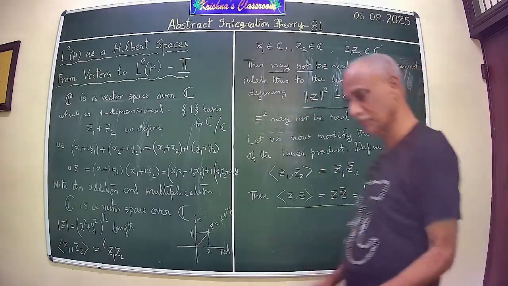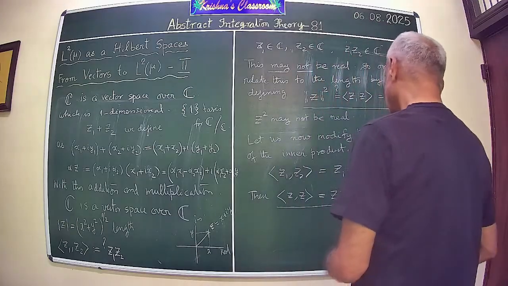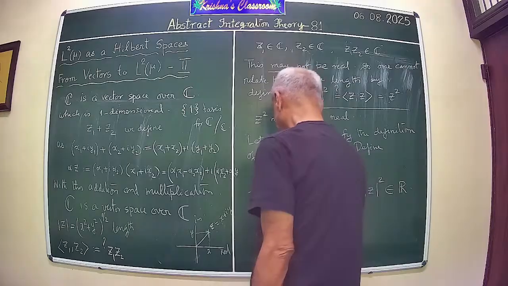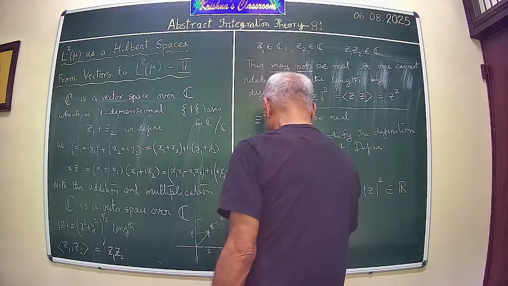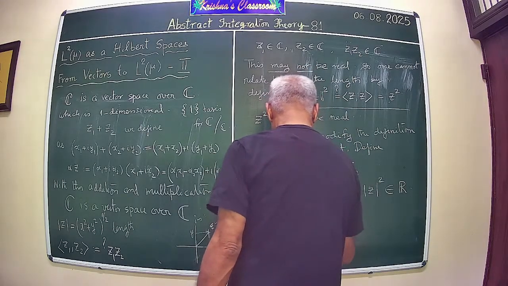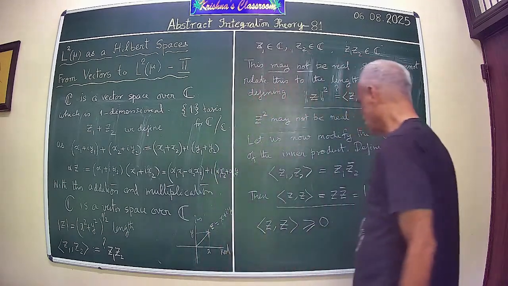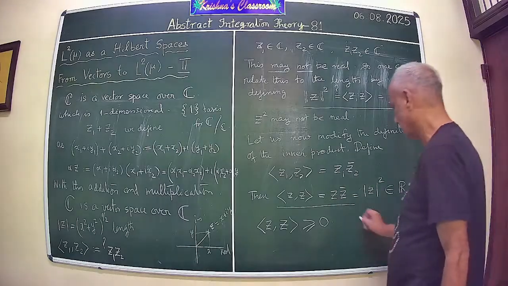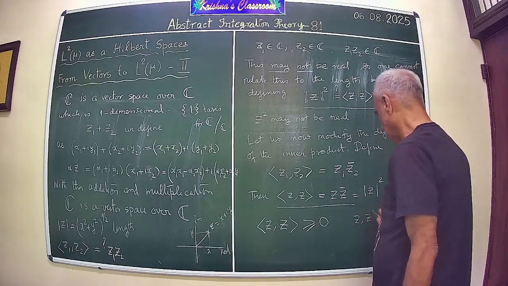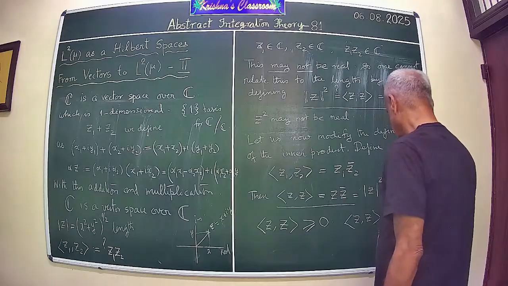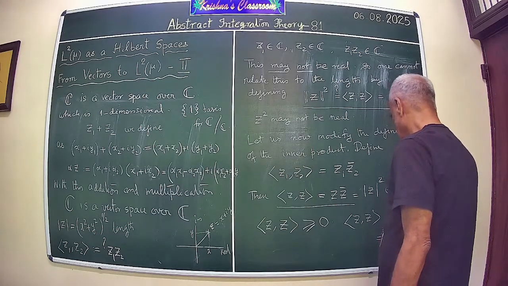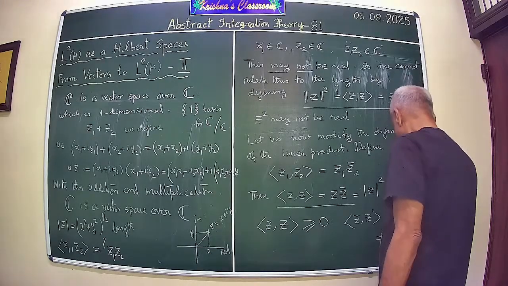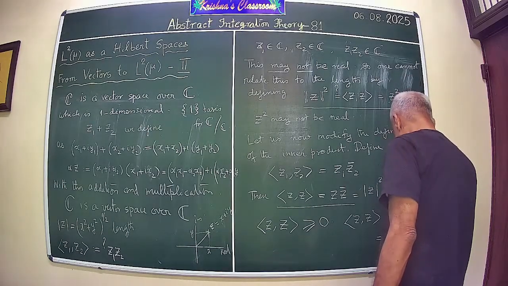Now let me work on this. Then you see that this is greater than or equal to 0. And equal to 0 only if Z is the 0 element.